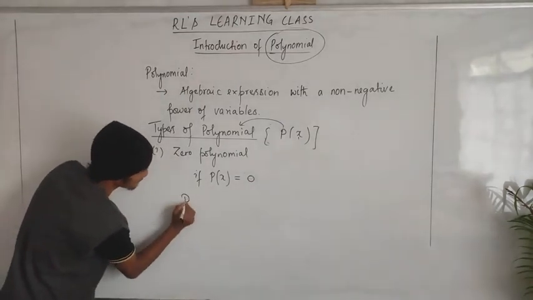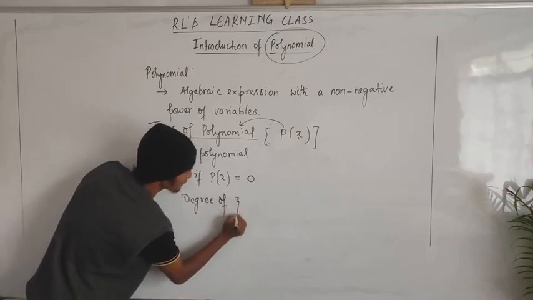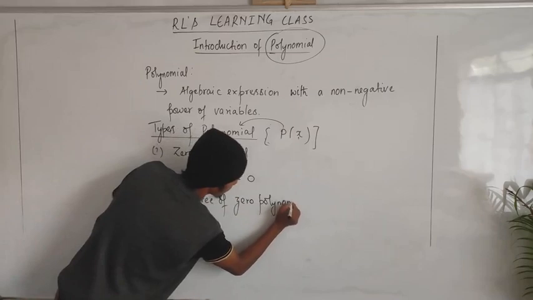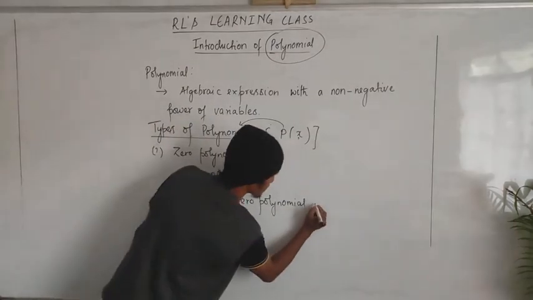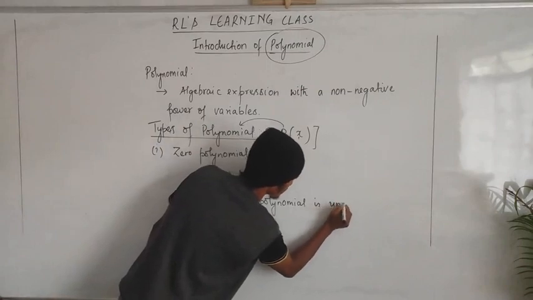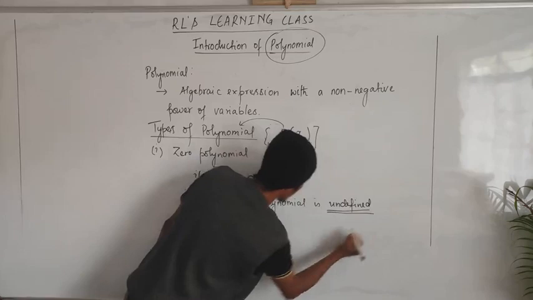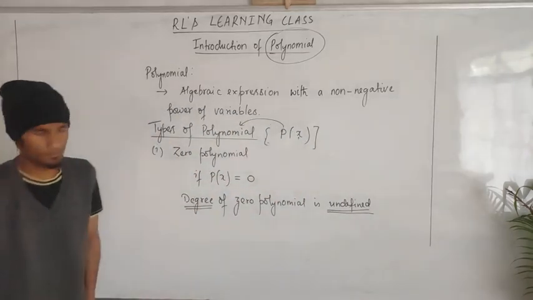And then the degree of zero polynomial is undefined. We will learn what the degree of a polynomial is later.